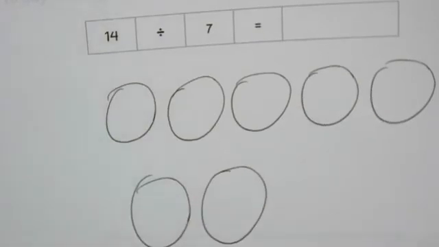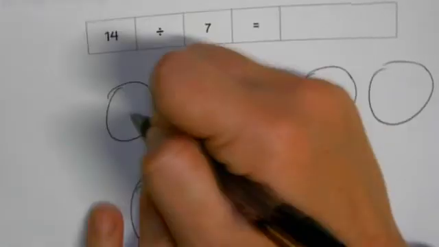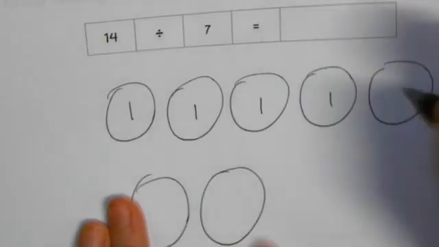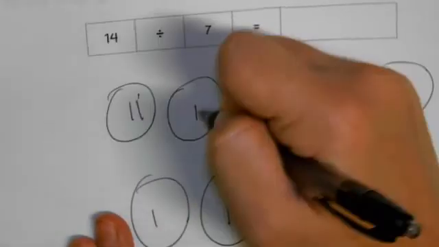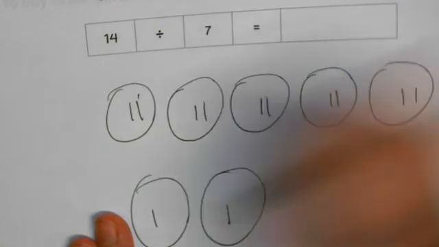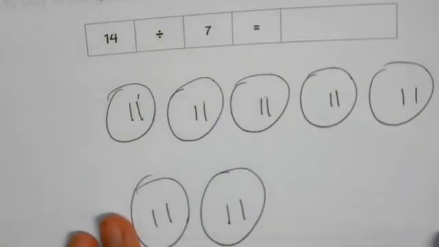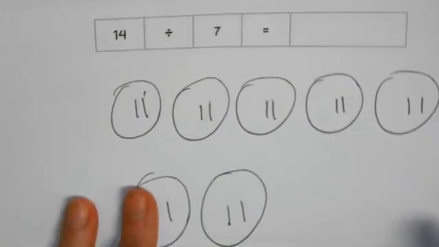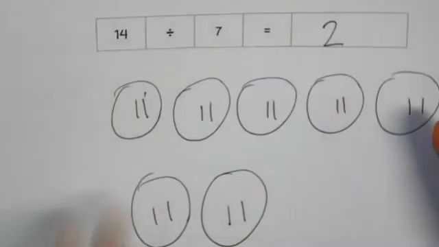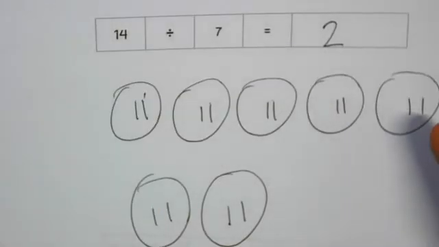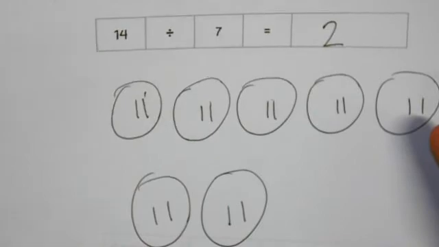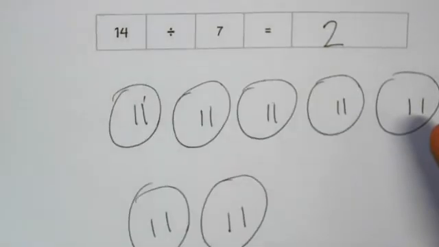Now I can fair share 14. 1, 2, 3, 4, 5, 6, 7, 8, 9, 10, 11, 12, 13, 14. So how many are in each group? There are 2 in each group. So 14 divided by 7 equals 2.